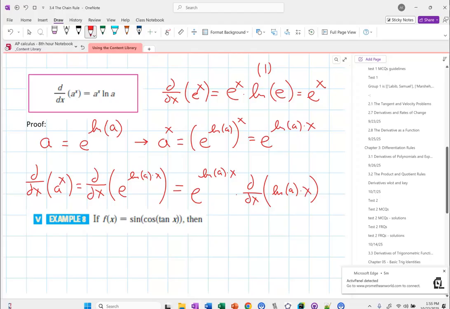What's the derivative of natural log a times x? You don't need a product rule for that. Why not? I have two things multiplied together. Is a a variable? No, it's a constant. So the derivative of natural log a times x is natural log a.